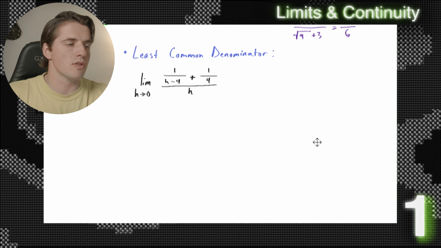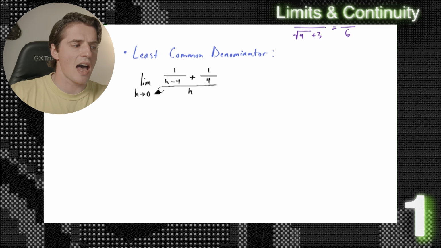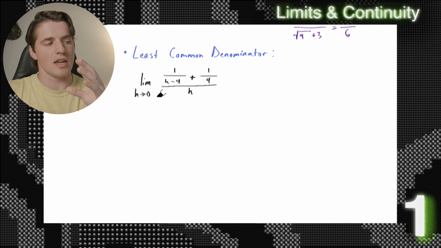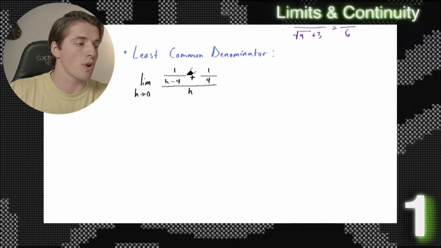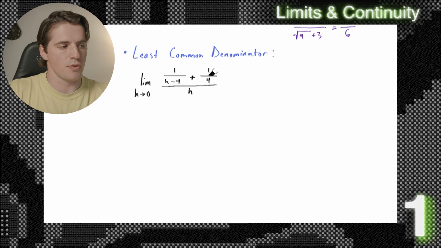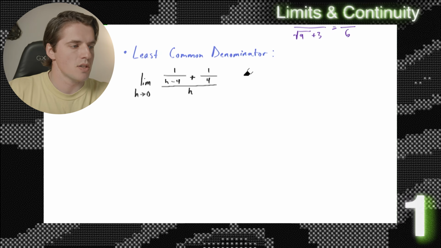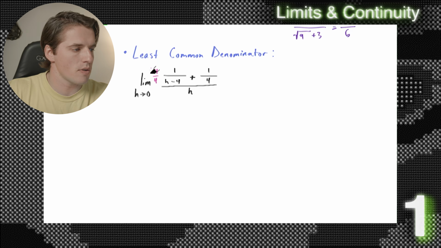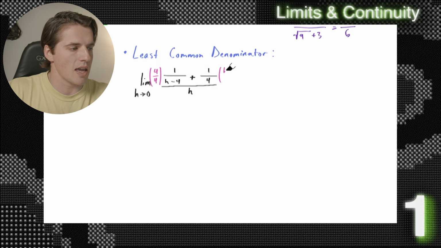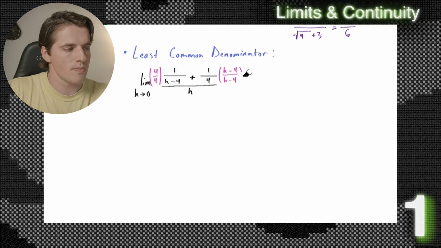And finally, we're going to do the method of the least common denominator. So here, I decided to change x to h just to show you that the process is the same. So in order to combine these two fractions in the numerator, we need them to have a least common denominator. So we can do that by multiplying by 4 over 4 and by h minus 4 over h minus 4.